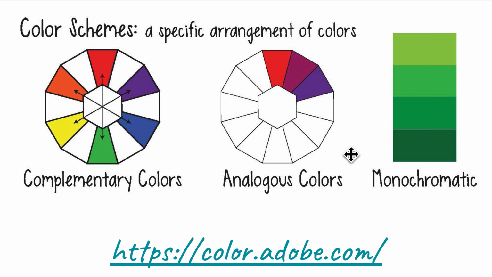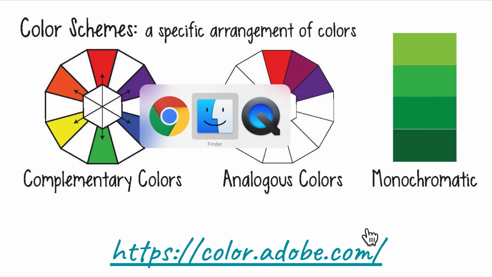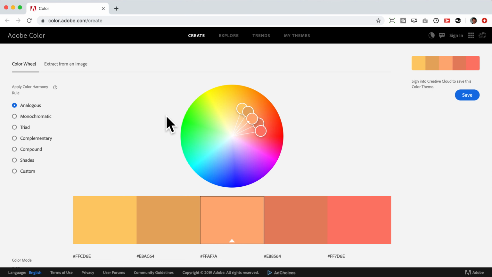There is a site called color.adobe.com, and I want to show that to you. Hang on. So here's color.adobe.com. What's great about this is that it actually helps you pick colors. When you go there, you're going to have this color wheel, and you have one main picker.